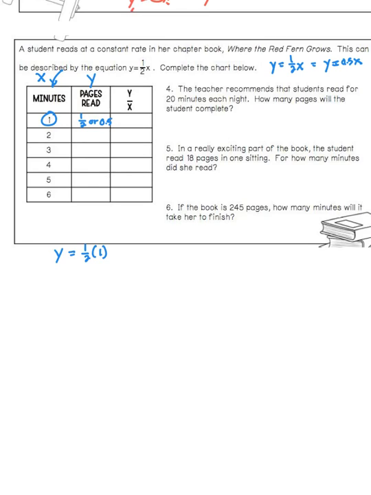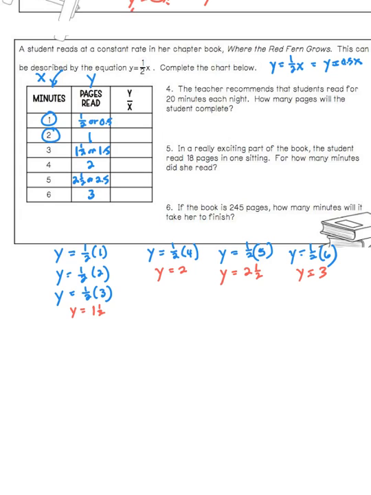I'm going to use it again. This time, I'm going to use the second x value, which is 2. 1/2 times 2 would be 1. Please pause this and complete the table using that same pattern.